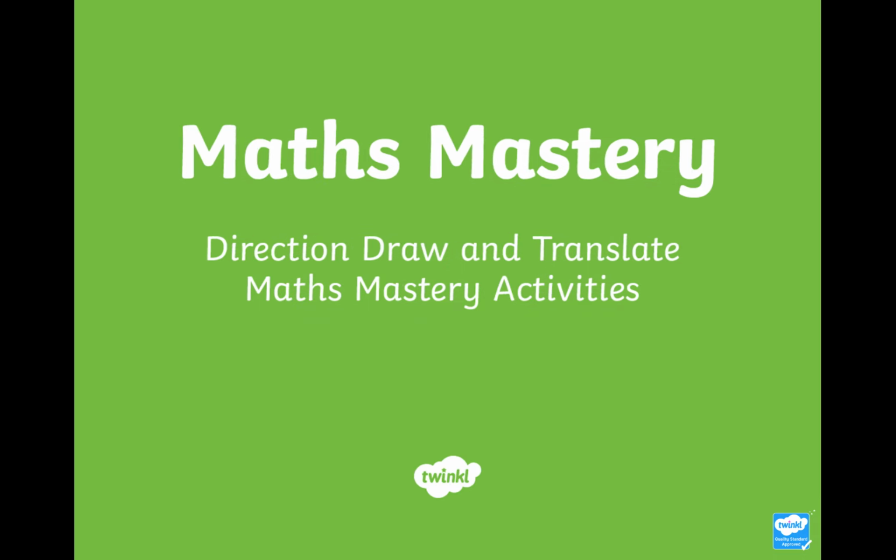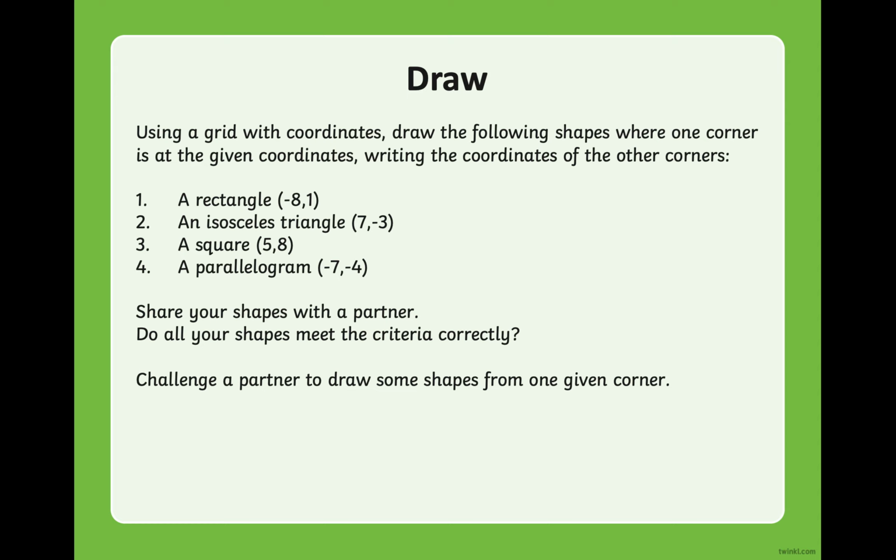All right, moving on to this question. It says, using a grid with coordinates, draw the following shapes where one corner is at the given coordinates, writing the coordinates of the other corners. Meaning, from only one point, you know how to draw these 4 shapes. Now, I want this to be homework. I want you to draw a rectangle on the x and y axes.